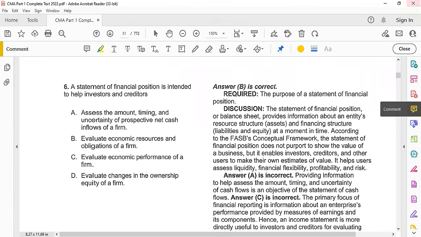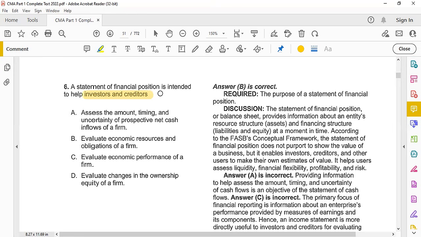Read this question. Now assume you are investors and creditors. You want to invest or you want to give a loan.